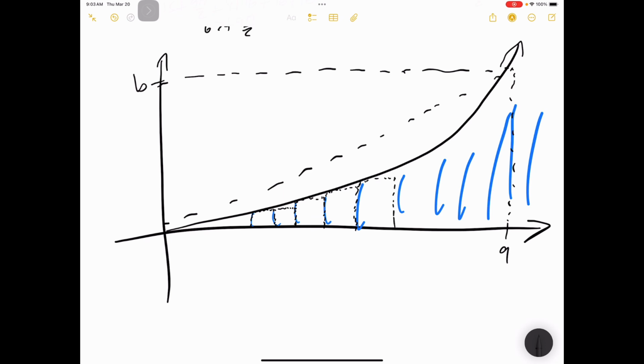And if we find the area of all of these little rectangles, we'll find an estimate for the area under the curve. And then what we can do is we can take a finer number of rectangles. And we know that calculus allows us to deal in the infinite. We can take infinitely fine rectangles, which ends up allowing us to find the exact area under a curve given a function.